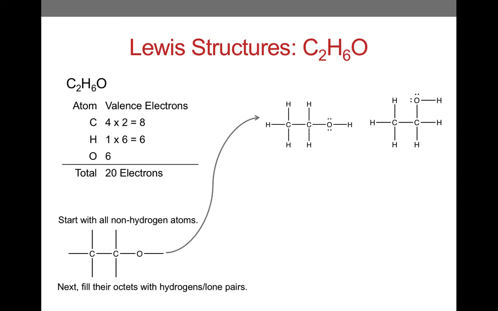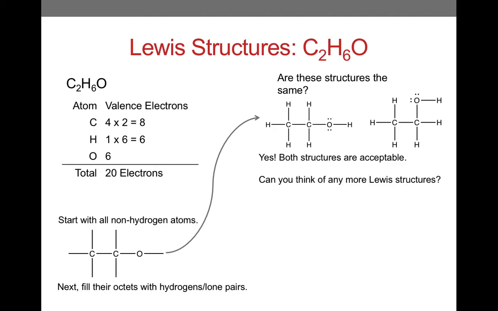So this is what we are going for. Now, are these structures the same? Look very carefully. Indeed they are. Some of you may have proposed a different initial carbon skeleton at the beginning, and that is totally fine.